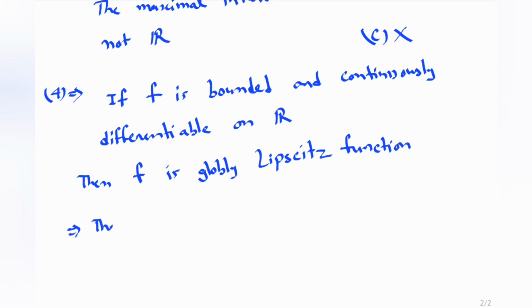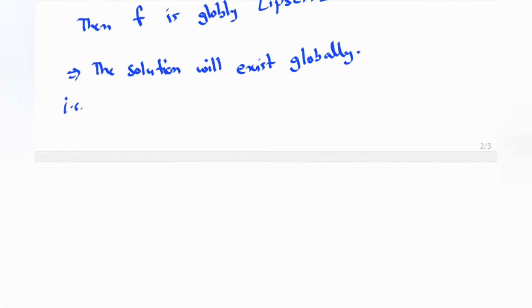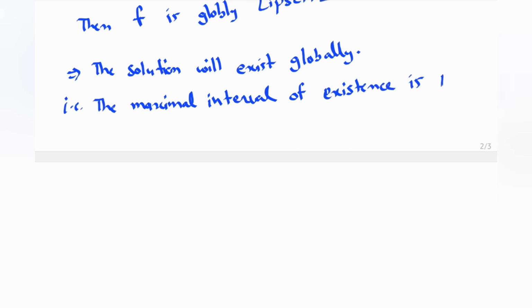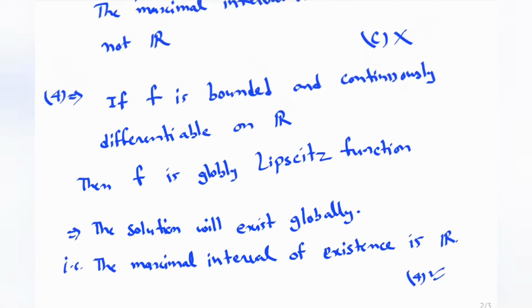Therefore, the solution will exist globally. That is, the maximum interval of existence is R. So the fourth option will be correct.